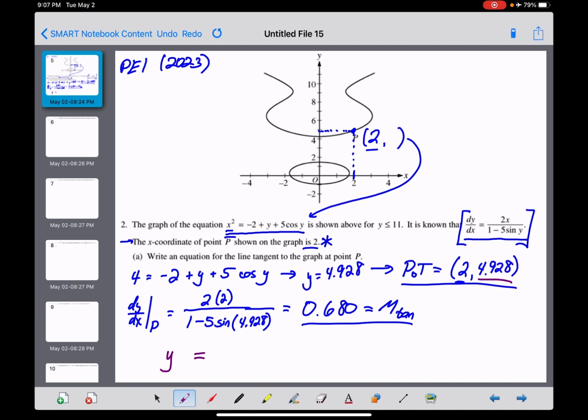Now, in point-slope form, the slope would come next, 0.680 times in parentheses x minus your x-coordinate, which is 2. And right here, guys, when we would have taken y minus 4.928, now I'm just going to add that number, 4.928, over there on the right side.